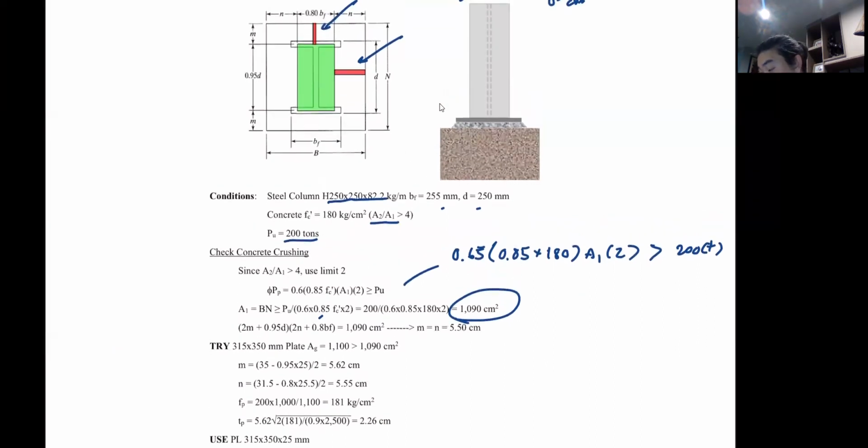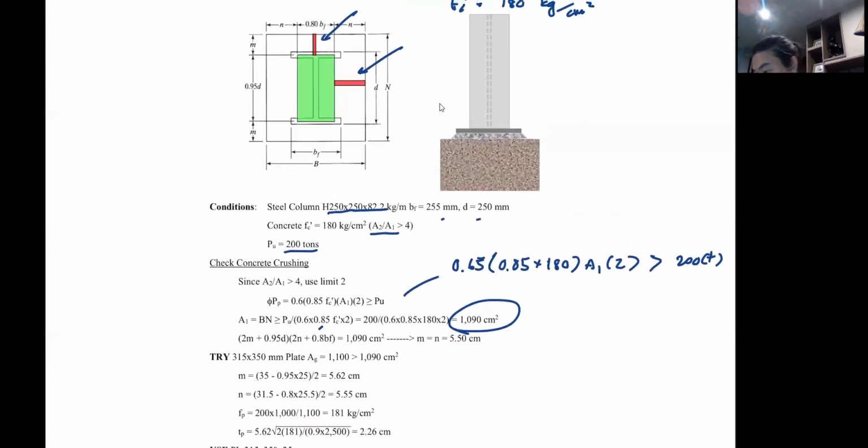Coming from here, you know that this is the D, and you know the BF of your column. So you can set the vertical distance N here to be equal to 0.95D plus 2M, where each is the cantilever length going above and below. And then B, which is 0.80 of the width of the column, plus 2N from the side.